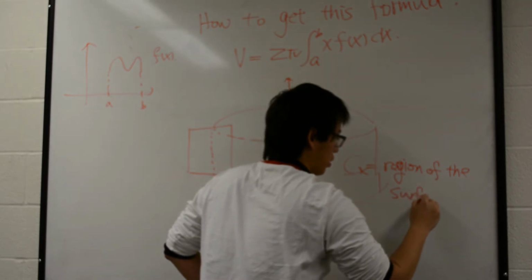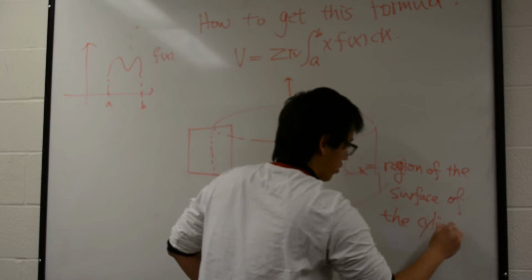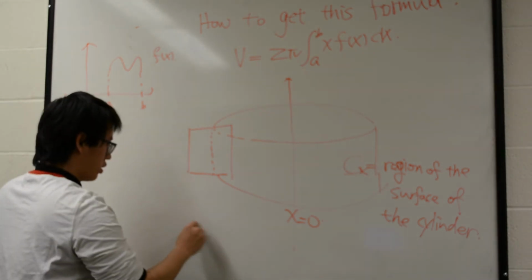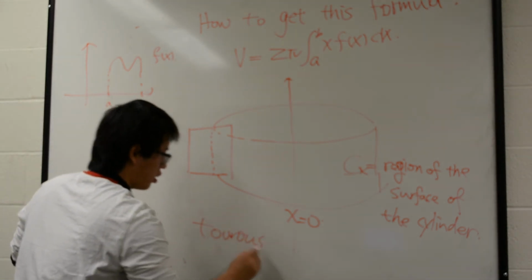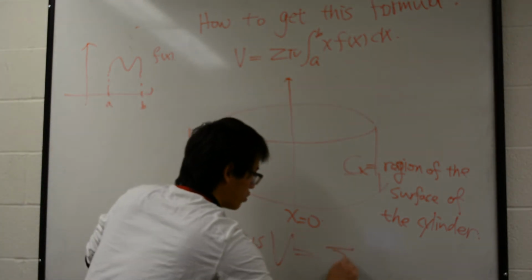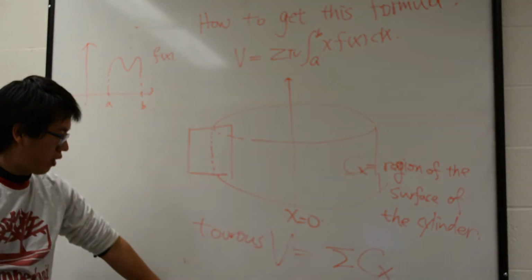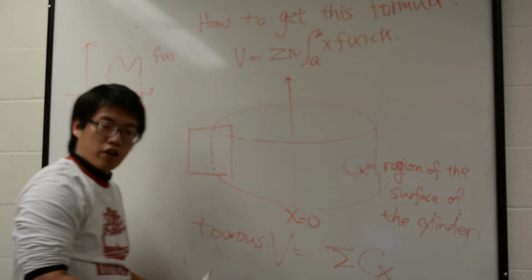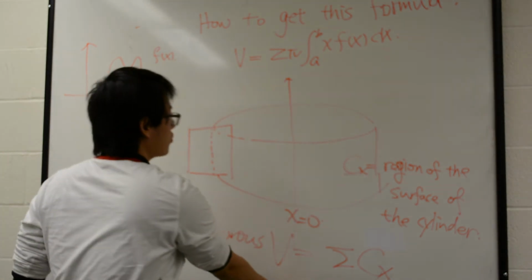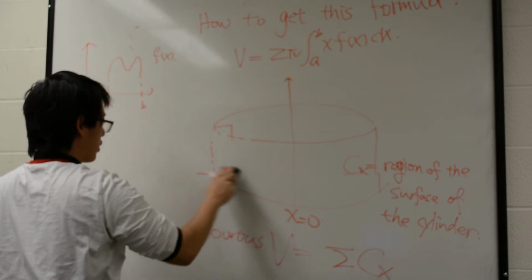Then the geometric object, the torus V, is equal to the summation of these C of x. Okay, and so the first thing we need to figure out is how to compute C of x. So we remain this cylinder here.